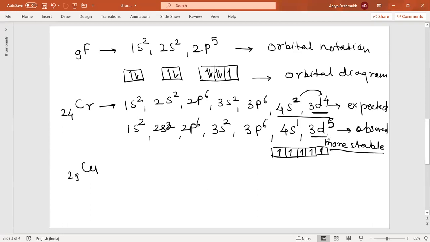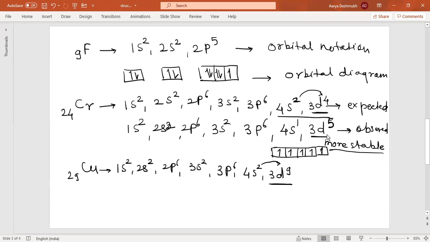Same is the case with copper also. So you can write the electronic configuration for copper with 29. This is 1s2, 2s2, then 2p6, 3s2, 3p6, then 4s2 and 3d9. Now when one of the electrons from here is shifted, this d orbital would be completely filled.